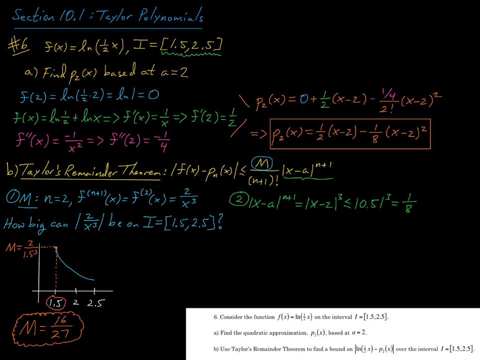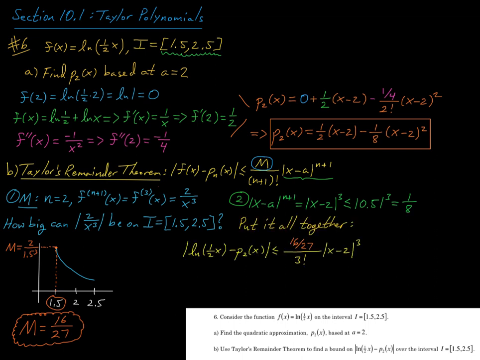Well, it's going to be as big as possible when we're as far away from 2 as possible, and that will happen at either one of these endpoints. So, for example, if x is 2.5, then 2.5 minus 2 is 0.5. And so we're saying that this expression, x minus 2, is no larger than 0.5 on this interval. And so that expression cubed is no larger than 0.5 cubed, which is an eighth.